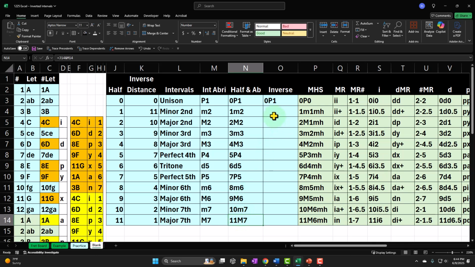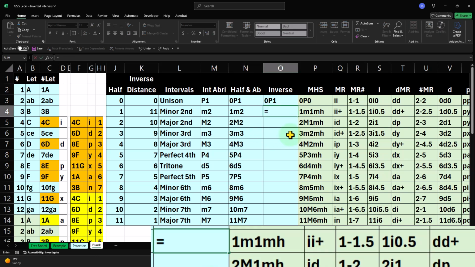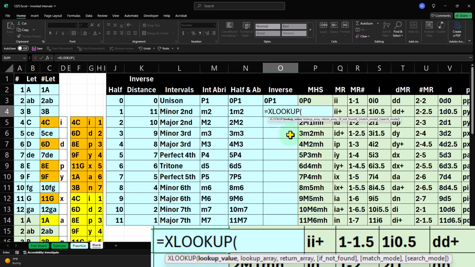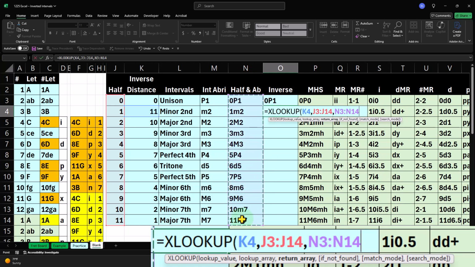So how can I basically, let me think about how I can, let's see if we use a fancy formula. This is going to be equal to an XLOOKUP, let's say, and say that we want to find this distance, and then comma, I want to find it in this array, and then comma, I want you to return the numbers in this array.